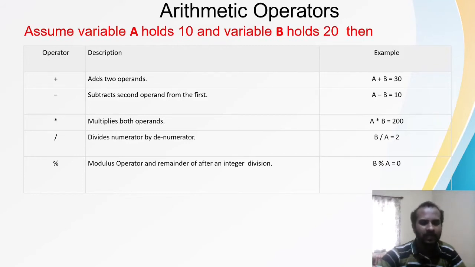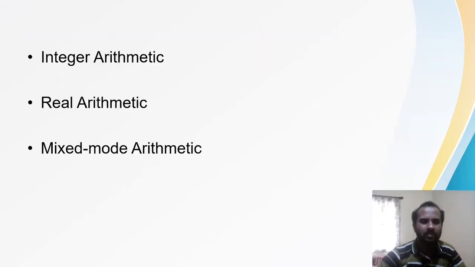For example, let us say the B value is 20.20 divided by 10. I will not get a proper remainder, right? So it cannot be performed on real operands.